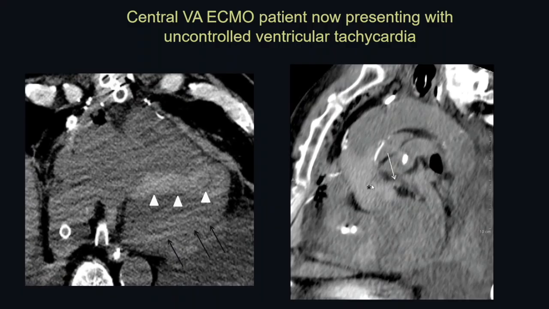And what we see over here is again one of those rare entities. There is high attenuation in the myocardium, and there's some low density over here also, but very high density or high attenuation of the septum.